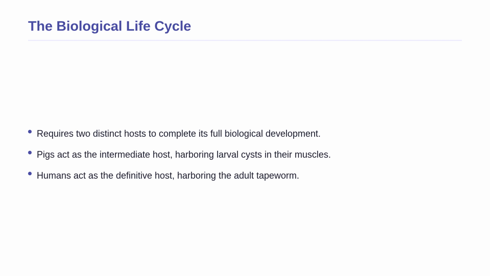Pigs serve as the intermediate host, harboring the larval stage of the parasite in their muscle tissues. Humans, on the other hand, act as the definitive host, where the parasite reaches full sexual maturity as an adult tapeworm in the intestines. This intricate biological dance between humans and pigs is what allows the parasite to persist in the environment.